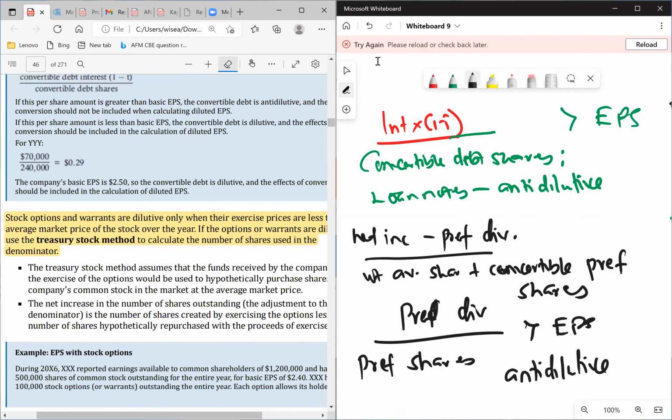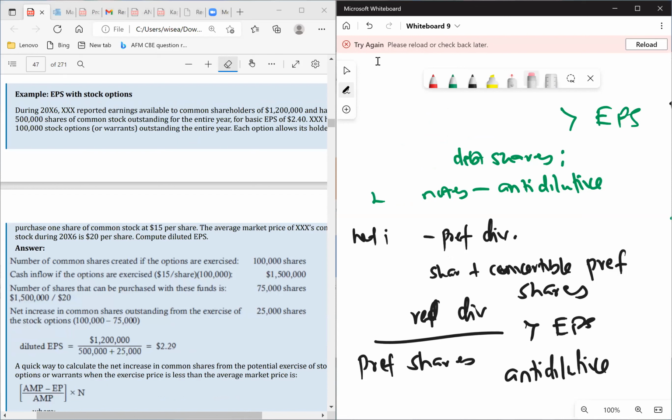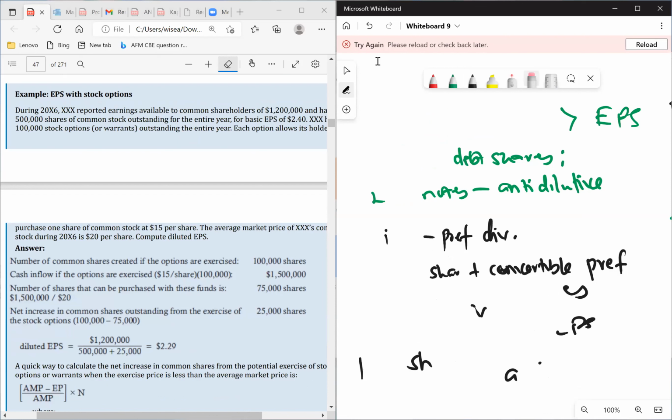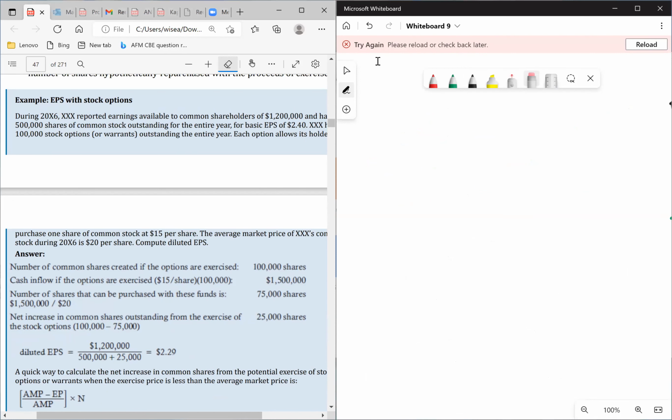Now let's come to stock options. For stock options, what you have to note is that employees usually have options to buy shares at a price lower than the current market price.